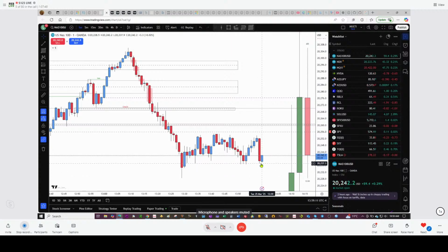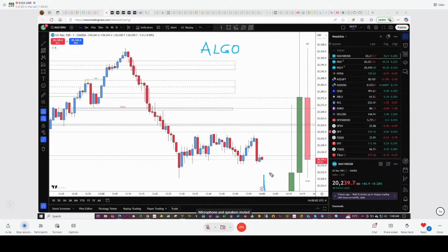So we're less than a minute from the algo time. For those who don't know what I'm talking about, the algo is an ICT concept theory, that price is moving algorithmically at all times, and that at specific times the algorithm kicks in, and one of those times is at 2 o'clock, and you're looking for a specific setup to occur between 2 o'clock and 3 o'clock.